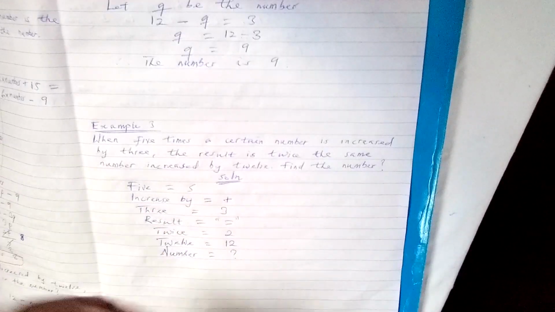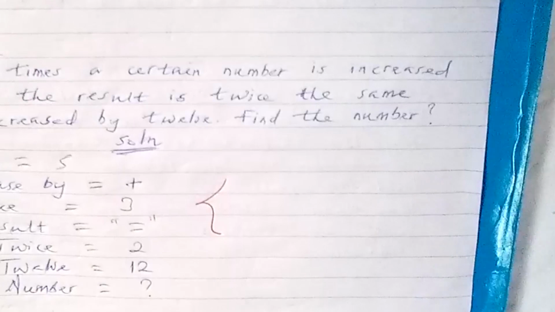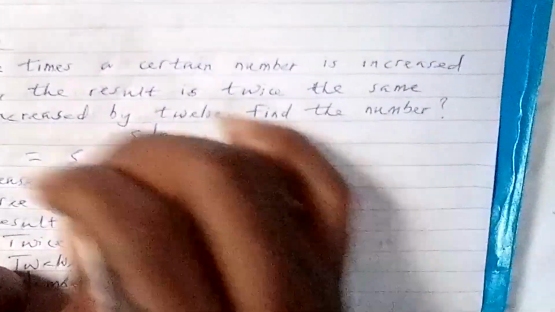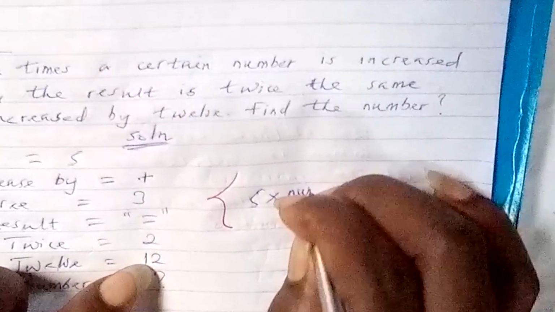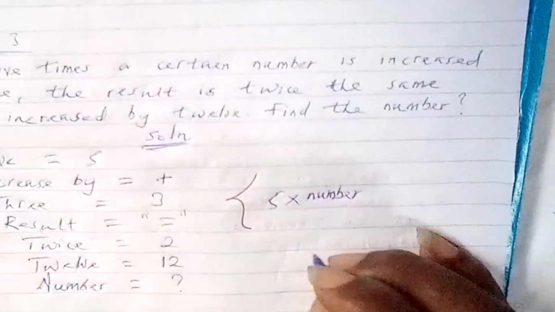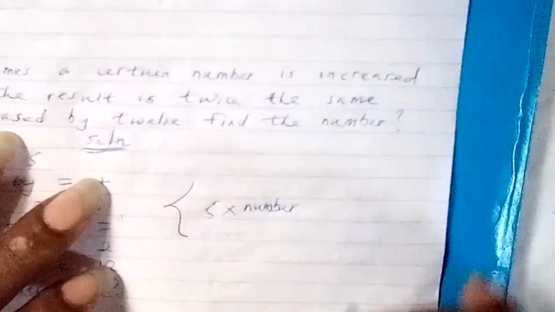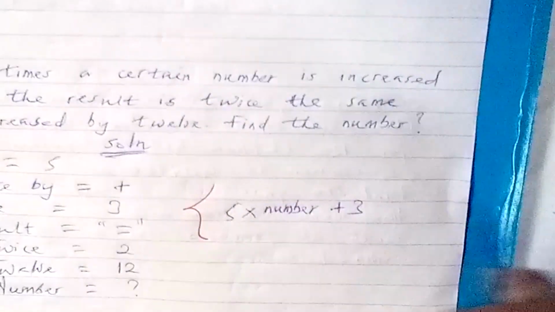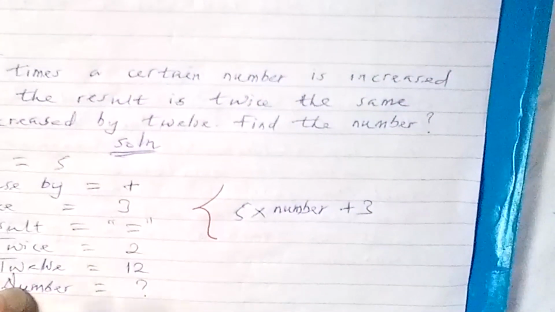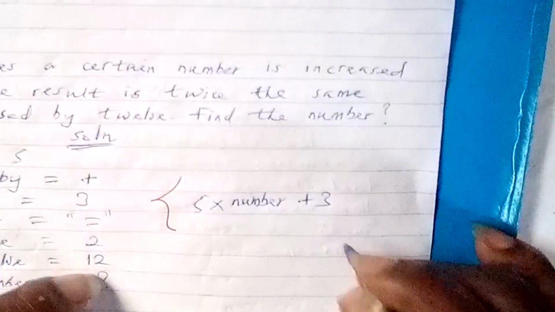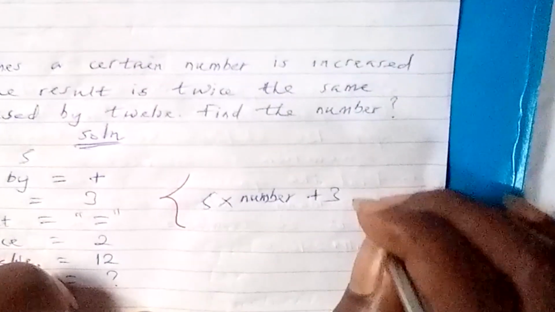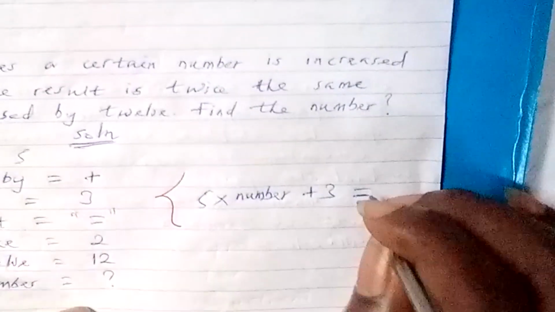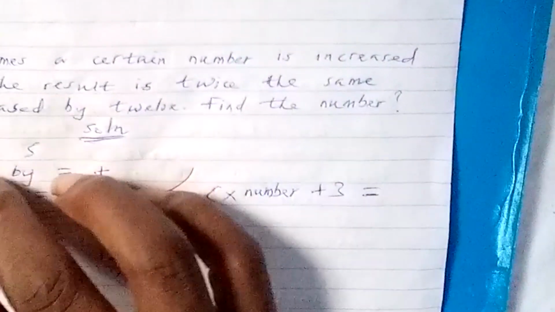So to join the pieces together, we could say that we have 5 times the number. Now we don't know the number at this juncture. Plus 3. So 5 times the number plus 3. And the result, that is the equal to sign, is twice the same number.